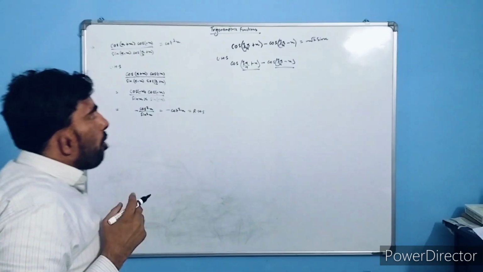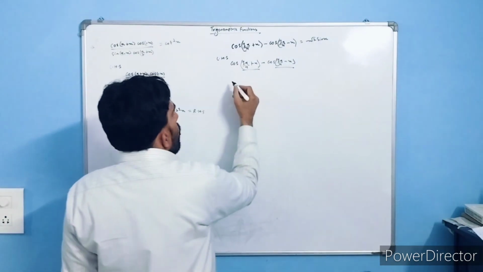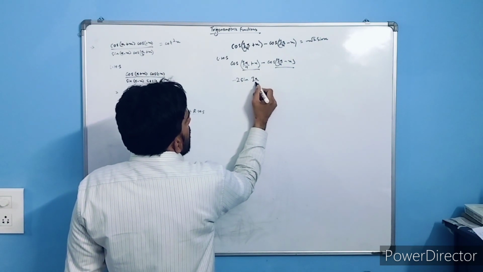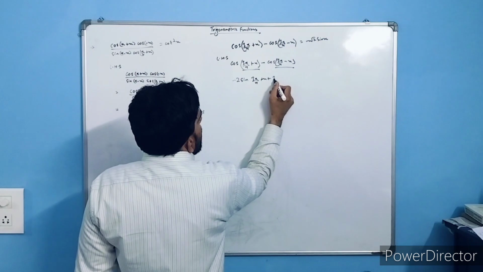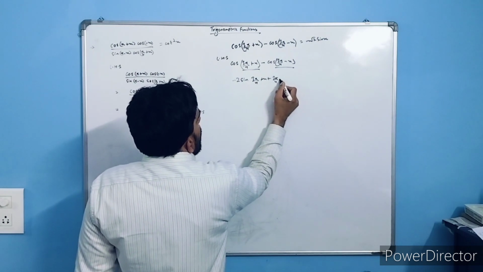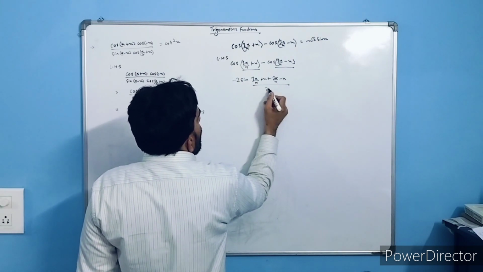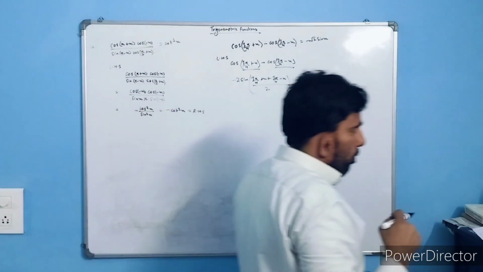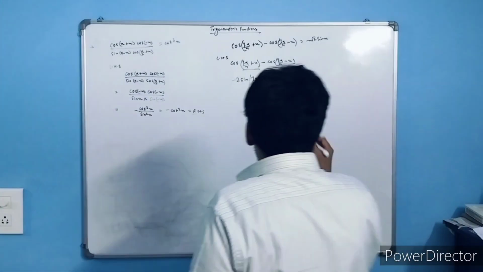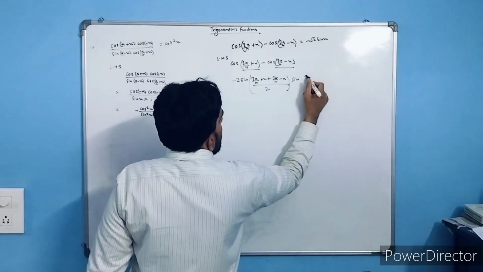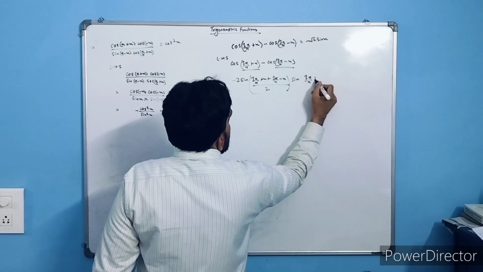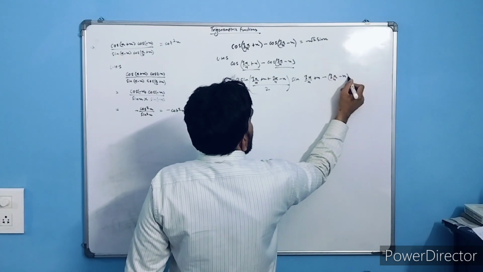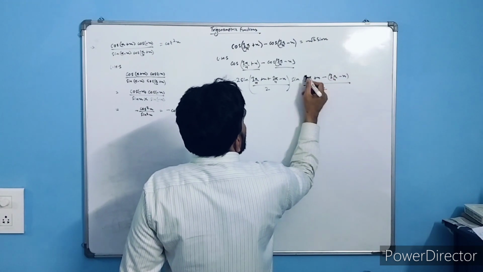Now the formula is cos x minus cos y is equal to minus 2 sin((x + y)/2) sin((x - y)/2).